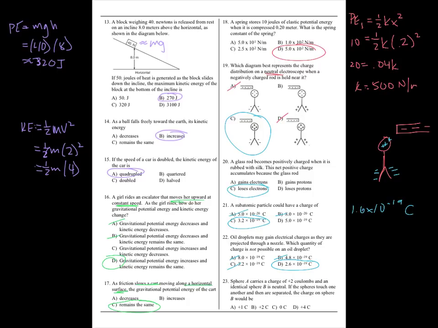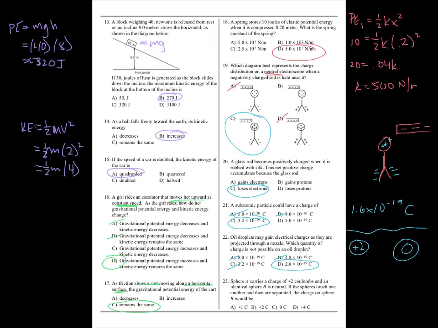Number 23 is dealing with conservation of charge. Here we're talking about two objects. One is a positive 2, the other one is 0. When two charged objects come together, their charges mix together and divide. They transfer charges until they reach equilibrium, which means both objects have the same charge.